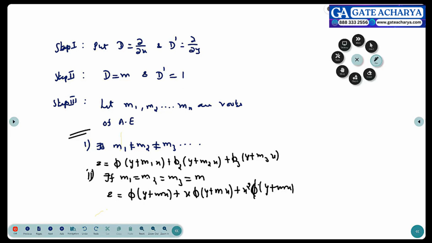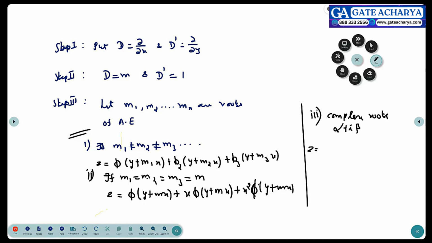ஒன்னே ஒன்று கேஸ், காம்ப்ளெக்ஸ் கேஸ். காம்ப்ளெக்ஸ் ரூட் ஆயிருந்தா தேர்டு, பட் அது வந்தது இல்லை. Complex roots alpha plus I beta.